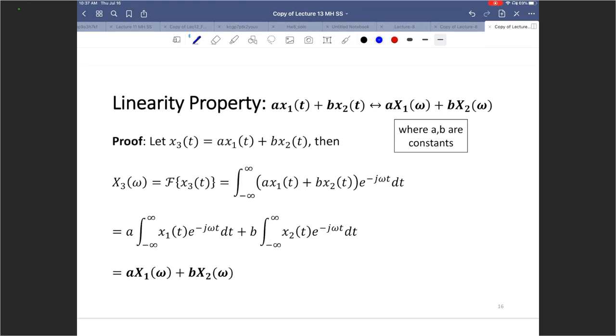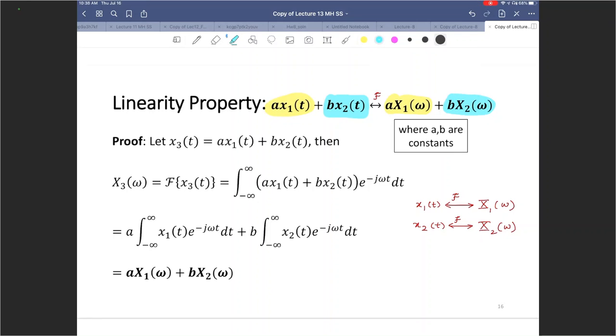This simply says that if you have a Fourier transform pair, say the Fourier transform of x1 of t is cap X1 of omega, and similarly the Fourier transform of x2 of t is cap X2 of omega, then if you use two scalars a and b, and you scale x1 by a and you scale x2 by b, the Fourier transform of that resulting weighted signal is going to be a times cap X1 of omega plus b times cap X2 of omega.